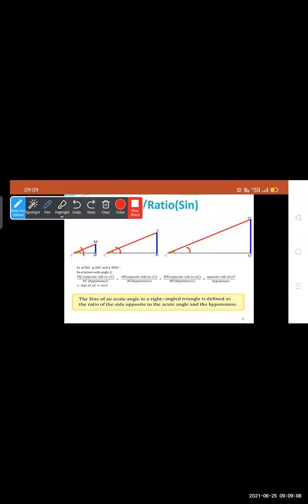For this, sine of an acute angle in a right angle triangle is defined as the ratio of the side opposite to the angle and the hypotenuse side. In simple language, sine function is equal to opposite side upon hypotenuse side. First you find which one is the opposite side and which one is the hypotenuse.